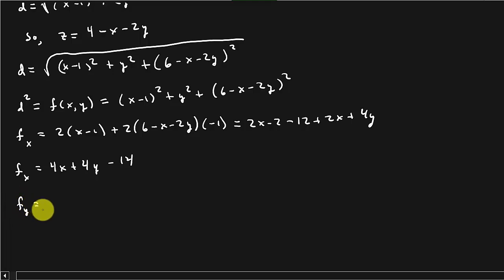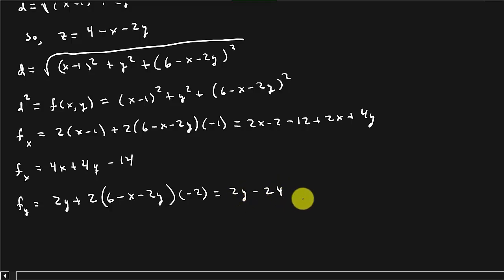And then I need the partial with respect to y. That part right there is 0, so that's going to be 2y plus 2 times (6 minus x minus 2y) times negative 2, which that is going to be 2y, and let's see if I can do this in my head.